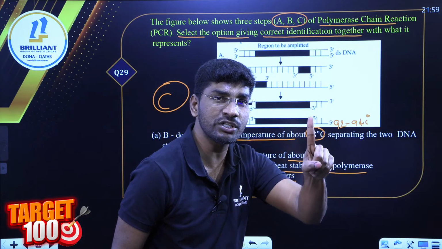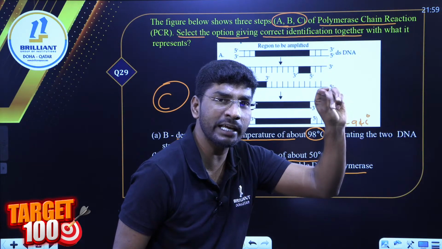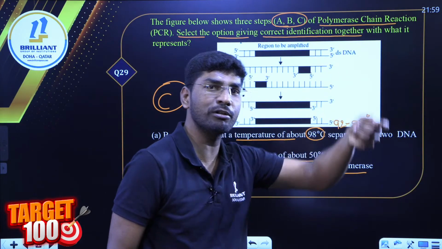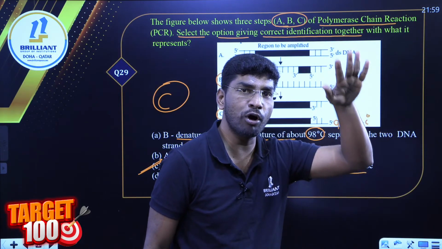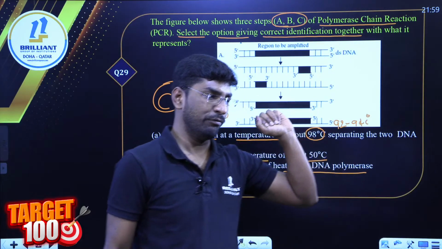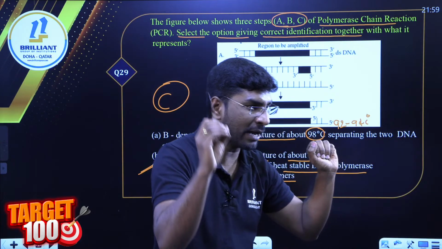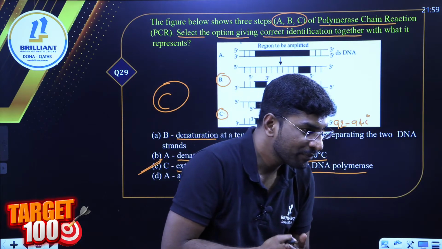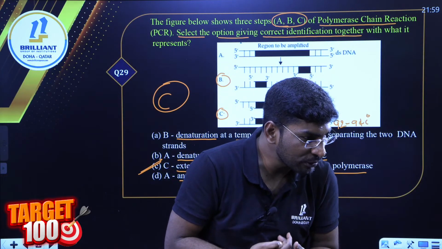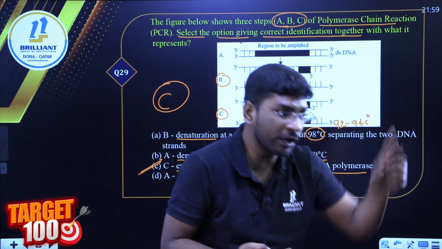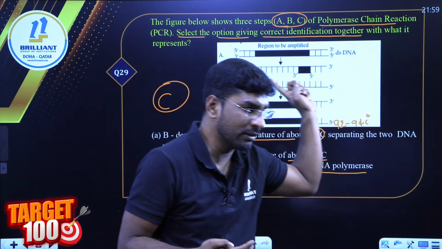In the extension step, along with the primer, something else we are adding. Can anyone guess what we are adding along with the Taq polymerase enzyme? Primers were already added in annealing. Thermus aquaticus, fine.